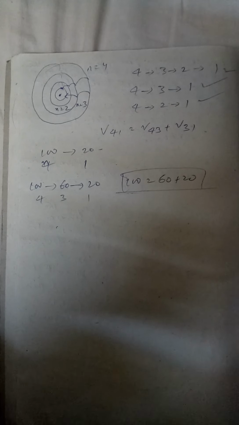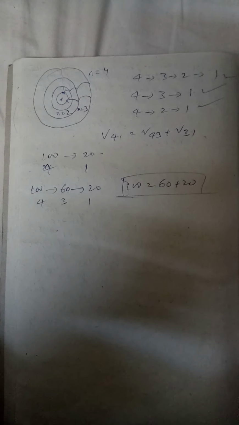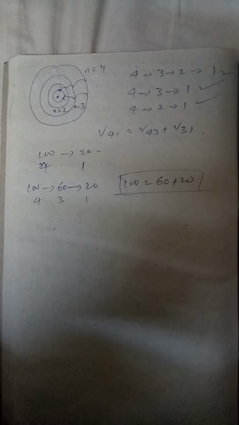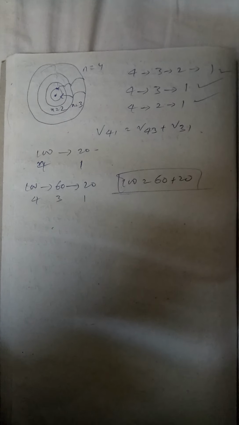How much? 80. That 80 drop can be written as 60 plus 20. So from 4th to 3rd, the 100 jumped to 60, and 60 jumped to 20. So what is the drop now? The drop is 80, so you can write 60 plus 20, isn't it?